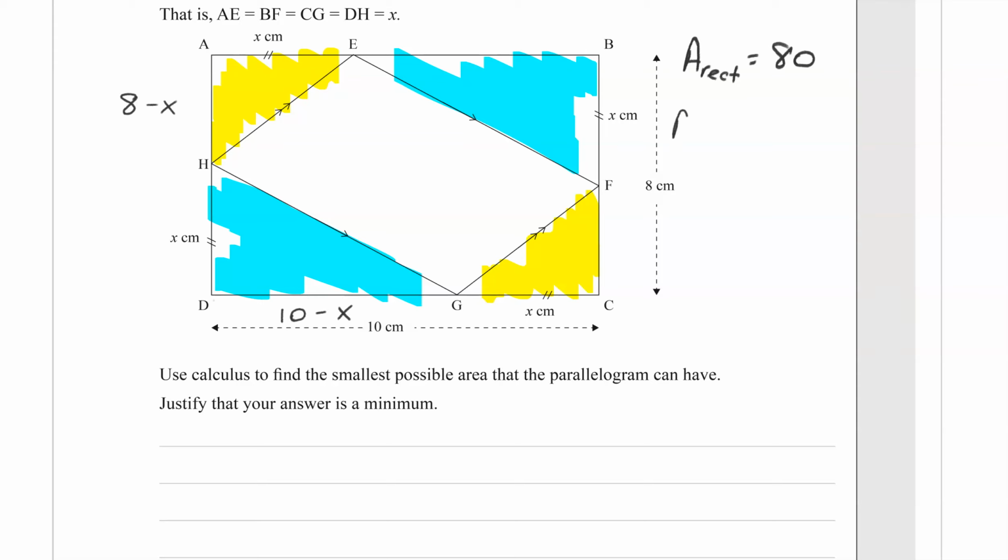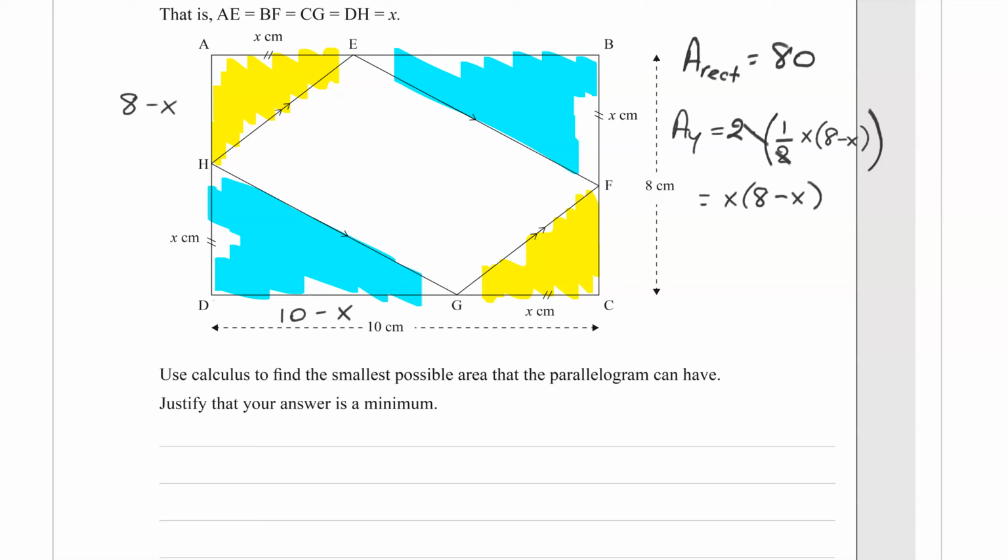So area of the yellow triangle is half base times height, but I've got 2 of those. So 2 multiplied by half, the base we can say is x, and the height is 8 minus x. So I can simplify that. That leaves me with x(8 minus x).